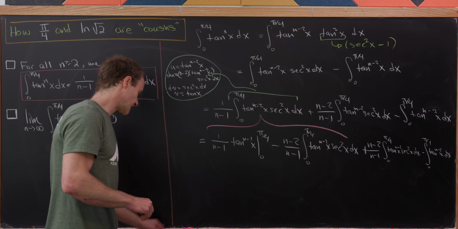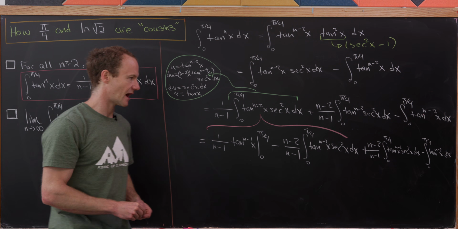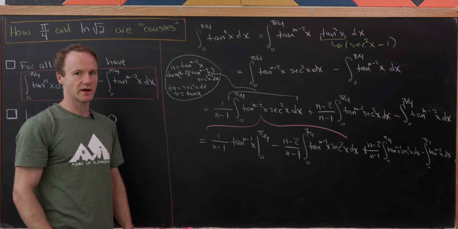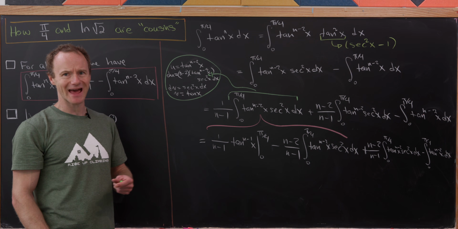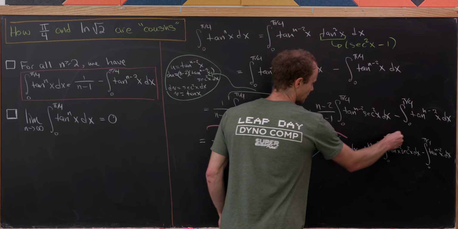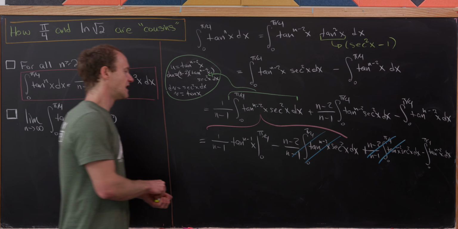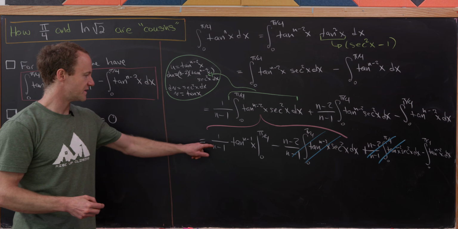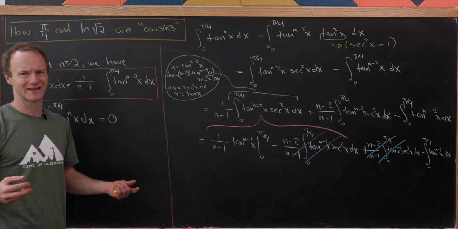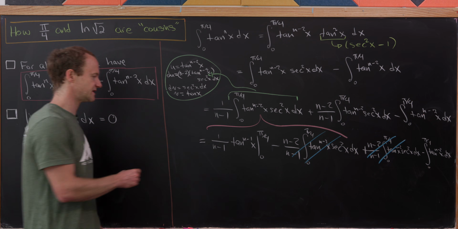But now, something magical happened, and I picked up two copies of the same integral with equal but negative coefficients. That means we get cancellation. So this term and this term cancel, and then all that's left to do is to perform this evaluation here. So the tangent of pi over 4 is 1, that's well known. The tangent of 0 is 0.